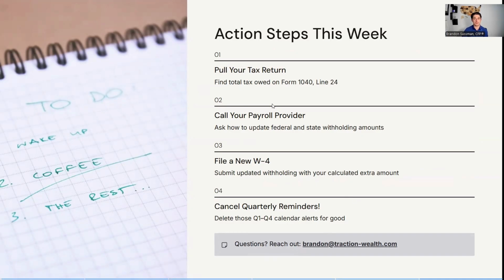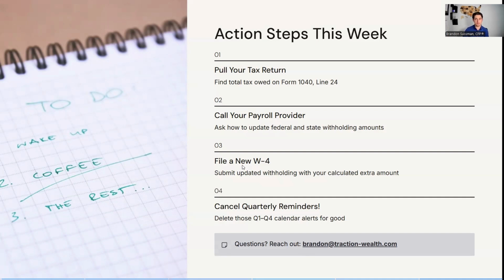But if you were looking for step-by-step instructions, pull your tax return, look at line 24, and figure out based on that calculation on the last slide what you need to be doing. Call your payroll provider and ask them how you can update your federal and state tax withholdings and to get that updated as soon as possible.